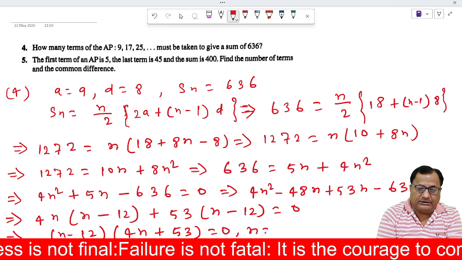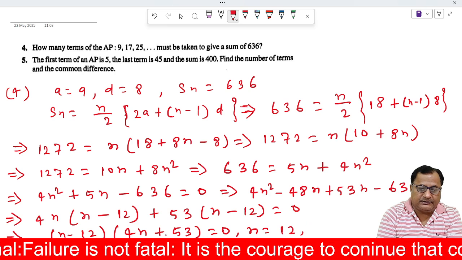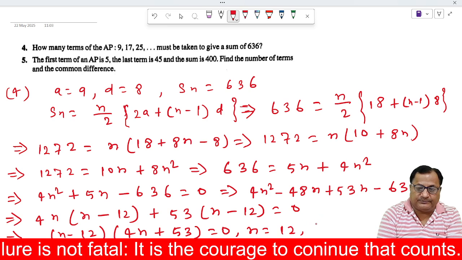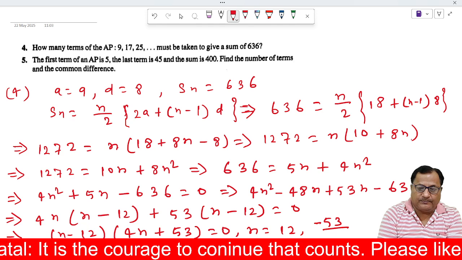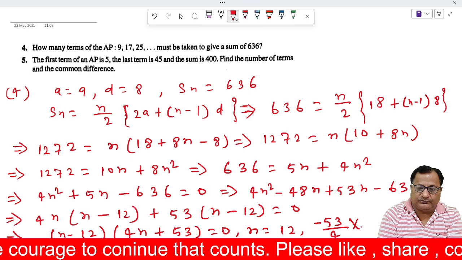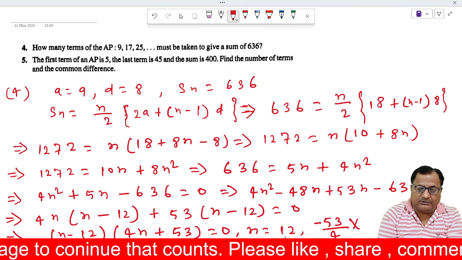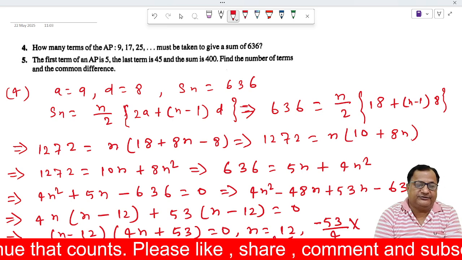So n here we will get 12, and from here we will get minus 53 by 4. n cannot be a negative number, so this is not acceptable. 12 will be the answer.